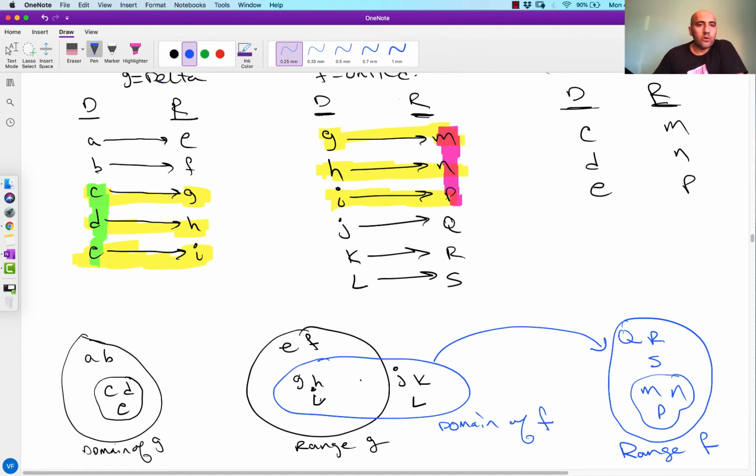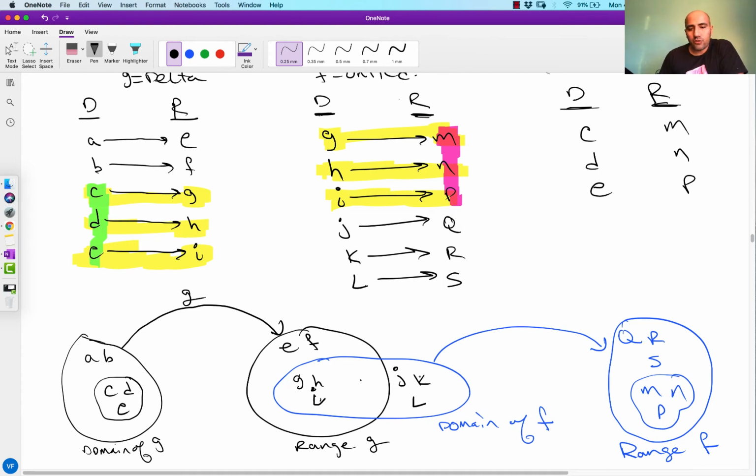Okay, and so what matters is that now, as far as the composition of functions goes, oh wait, let's finish this thing here. So this black outer circle represents the domain of G, and so G leads to all of these guys from this circle to this black circle.